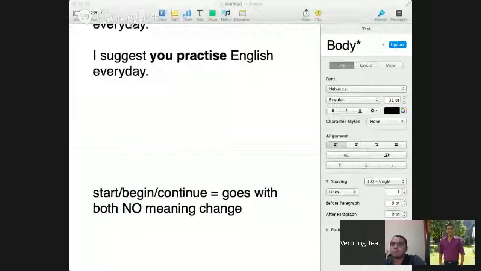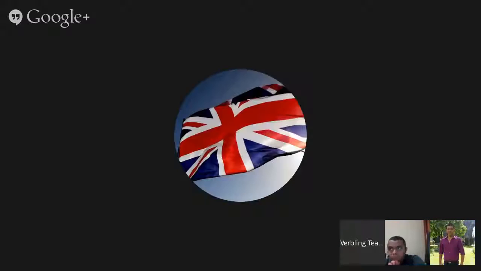Start, begin, and continue. You can use those 3 with either. So you can say, I started to learn Spanish, or I started learning Spanish. I began learning Spanish. I began to learn Spanish. Or I am continuing to work hard, or I continue to work hard. Those 3 are worth noting down as ones that you can use with both.